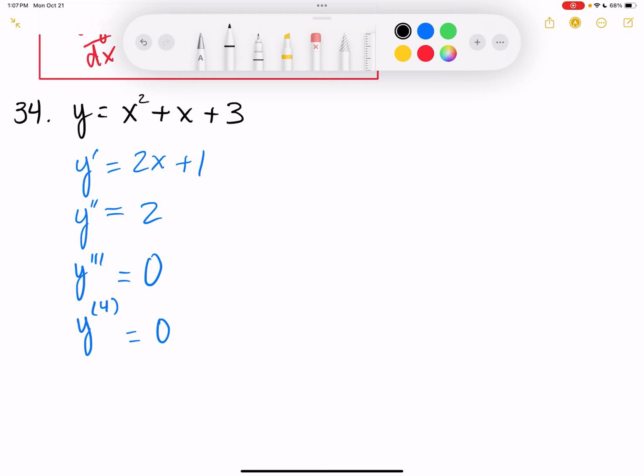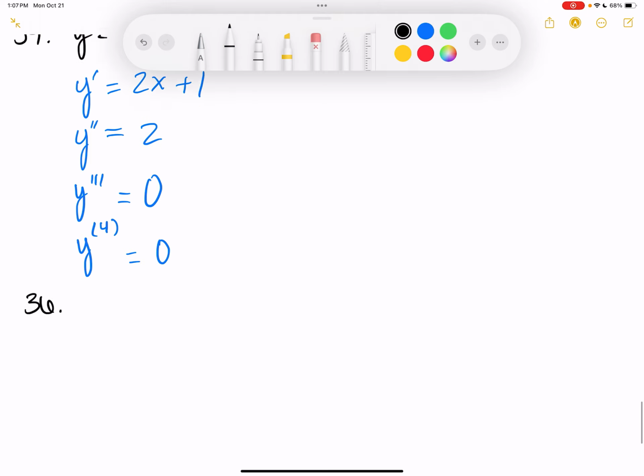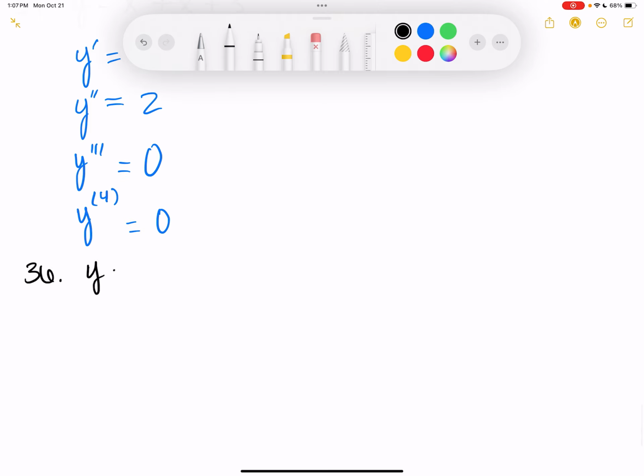After that short intermission, 36. y equals x plus 1 over x. Find the first four derivatives.